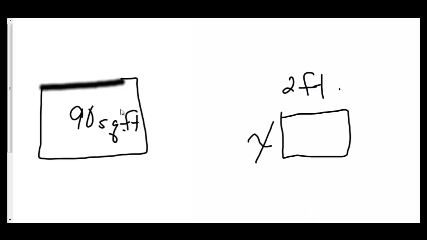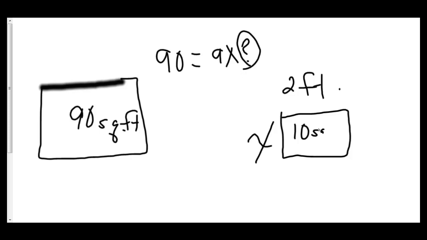I'm trying to figure out what is the length of his closet. I don't know a whole lot, but I do know that this is 9 times more than the area of this. So I'm thinking to myself, if the area is 90, and it is 9 times greater than the area of the closet, what must the closet be? Well, I know 9 times 10 is 90, so that tells me that the area of the closet is 10 square feet.